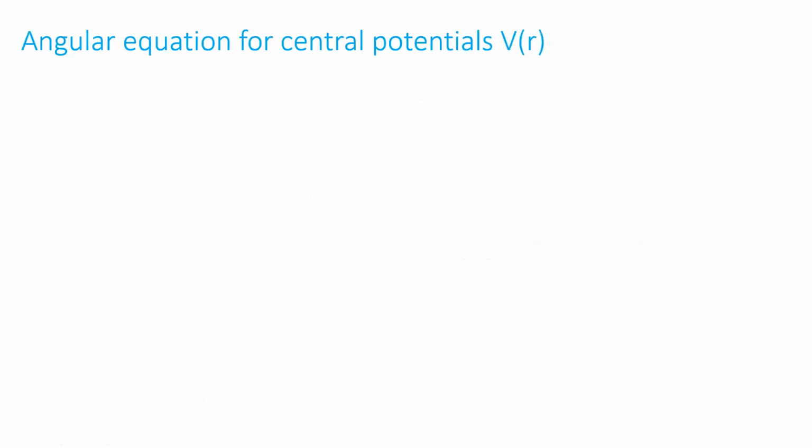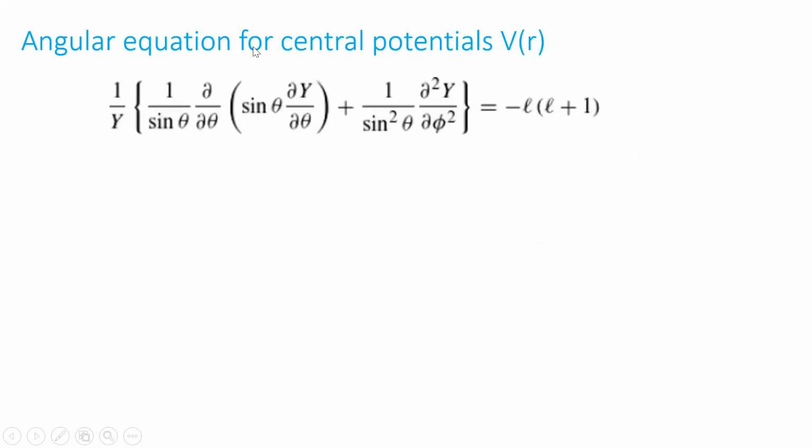Okay, so let's look at the angular equation for central potentials V of r. Here's this equation again for the separated angular function Y. It's simpler than the first equation we had involving all three variables, but it's still got a lot of stuff in it.